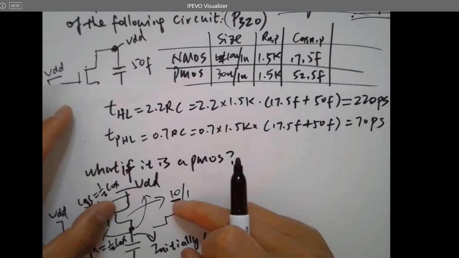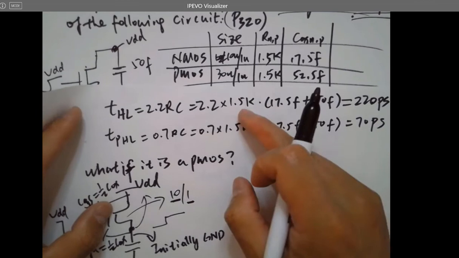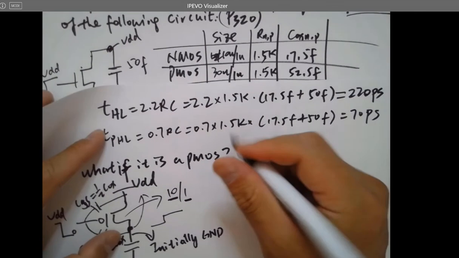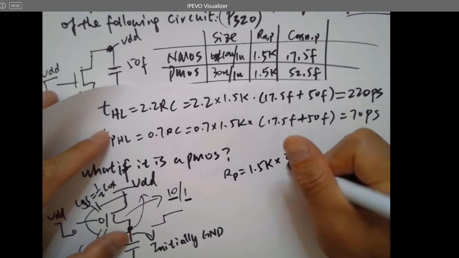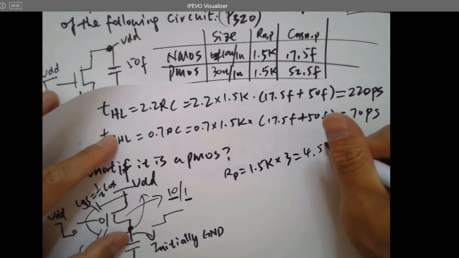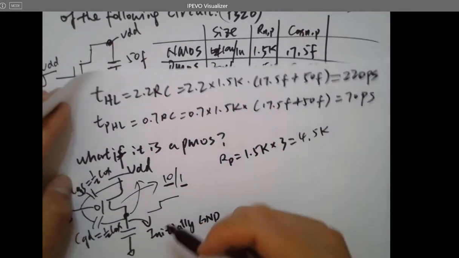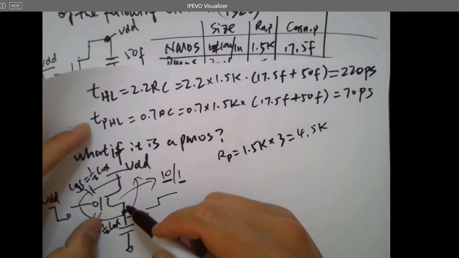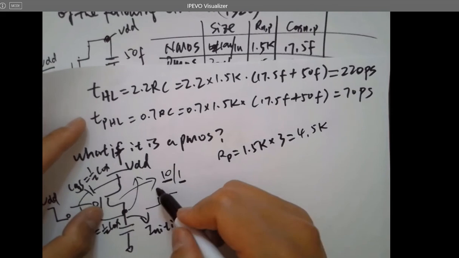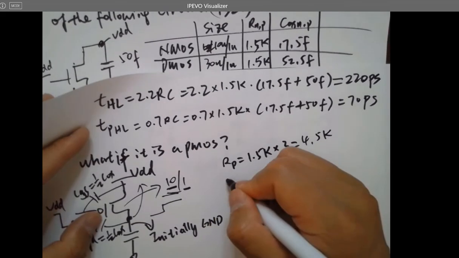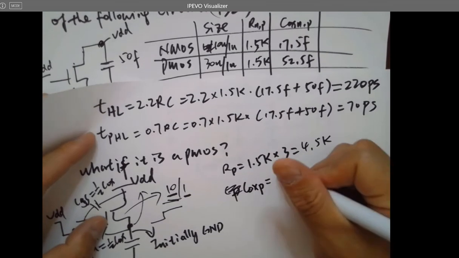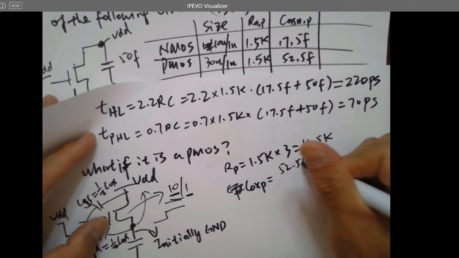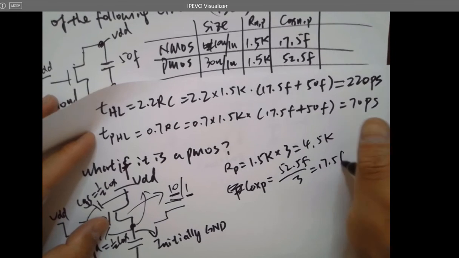So this is 3 times higher resistance than this one. RP here will be 1.5K times 3, which is 4.5K. For the capacitance, since you are getting a smaller plate compared to the 30 micron one, Cox P will be 3 times lower, which is 52.5 femto over 3, which is 17.5 femto.